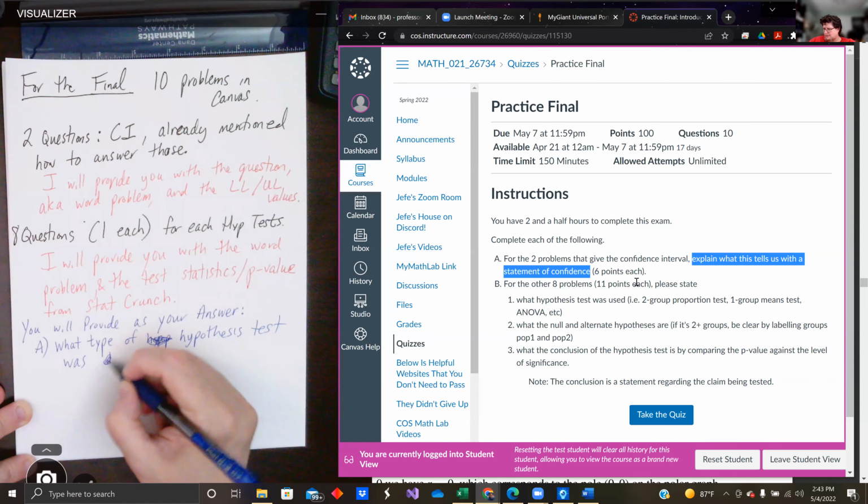And you don't need a sentence for this. You could say a 1 proportion test, a 1 mean test, a 2 proportion test, a paired test, or a 2 mean test.